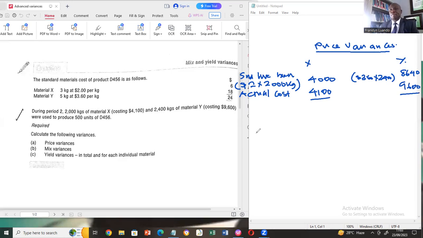So here, the plan was to spend 4,000, but the actual result was 4,100. This is adverse. The variance is adverse. That is not good. You are spending more than you planned. Even there is adverse. The adverse there is 960.